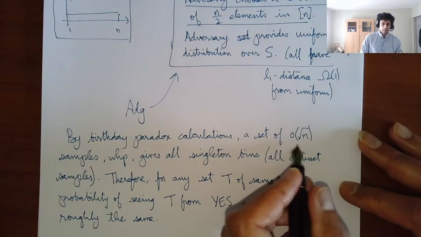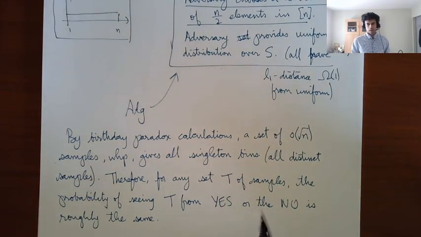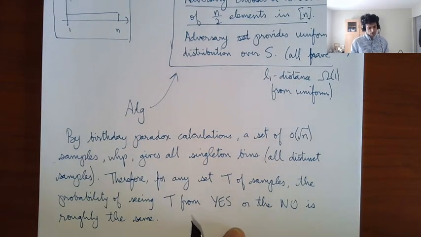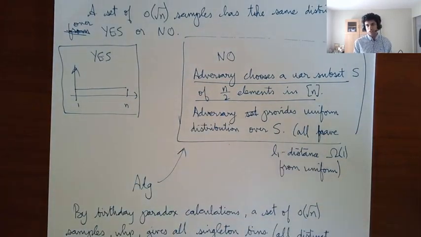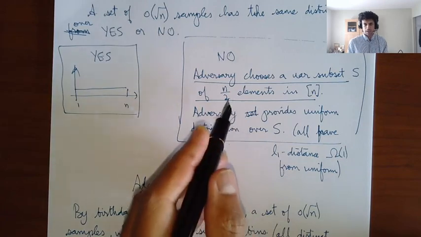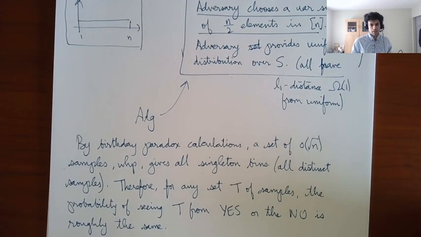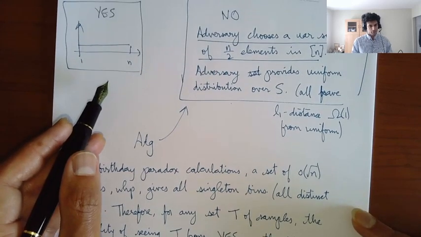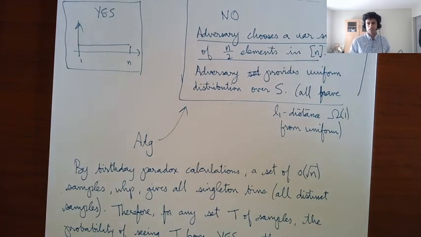Essentially it's about the birthday paradox: if you take fewer than root n samples, then all the samples are distinct, because the no distribution is essentially just a uniform distribution over a smaller set, of size n over 2. So with little o of root n samples, all the samples will be distinct, and when all the samples are distinct, there's really no way of distinguishing the yes from the no. The full calculation has to be done somewhat carefully, but this is the basic argument.